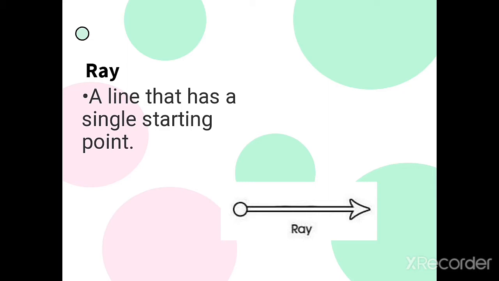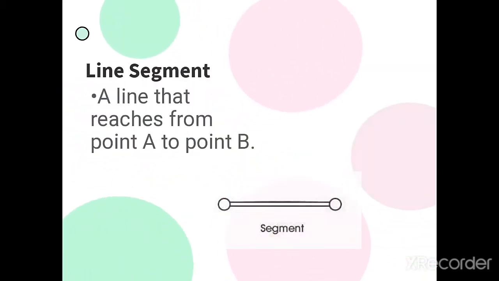This simply means that we have a starting point, but one side still goes infinitely depending on which direction it's pointing. The next one is the line segment, a line that reaches from point A to point B. This has no arrows on either end, which simply means that we have a starting point and an end point. In addition to that, the three symbols that I've mentioned are actually placed on top of two named points from the graph.